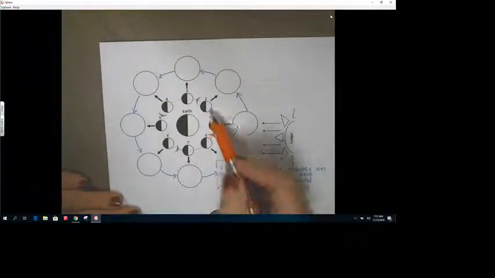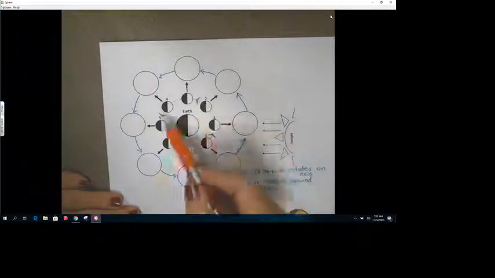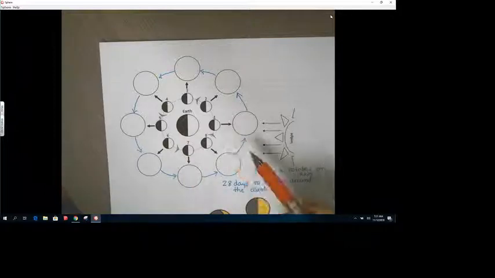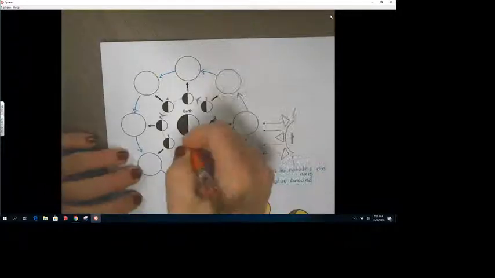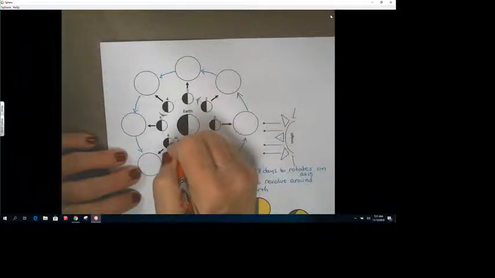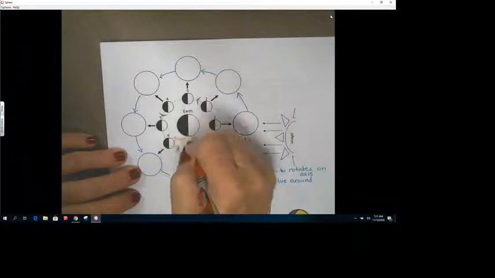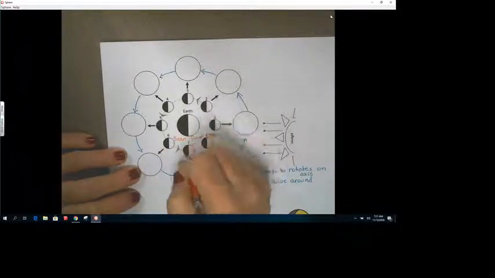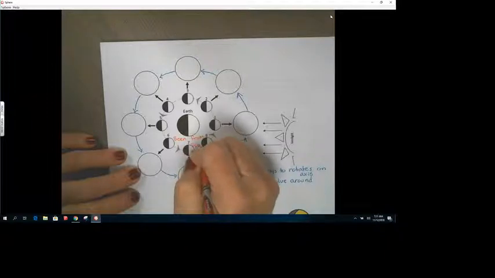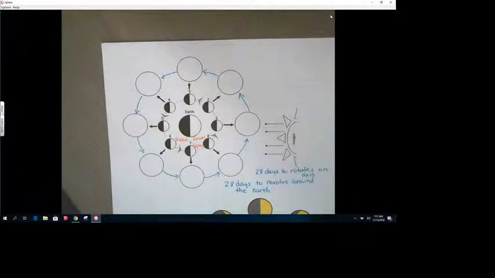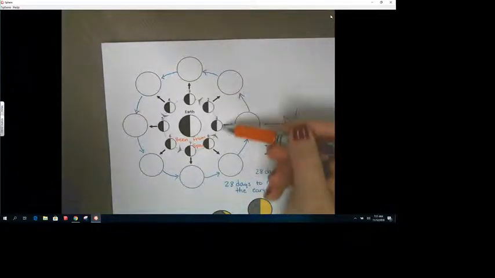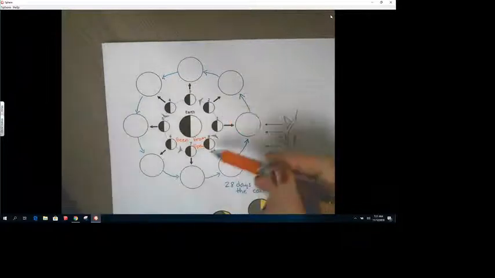Remember that these here show the moon phase as it would be seen from space. Remember that they're all looking identical because the sun is coming in from the right.